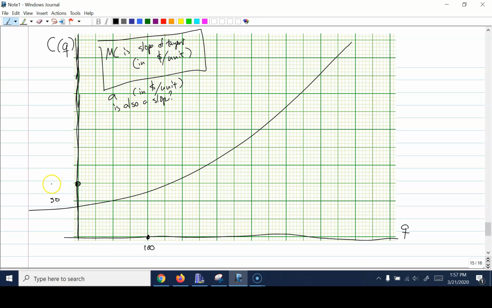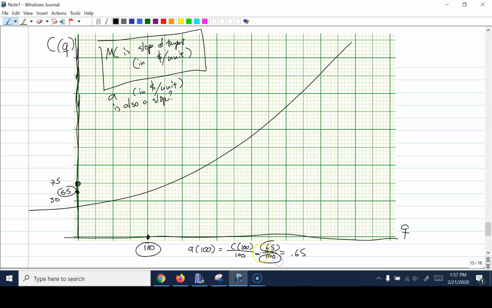Let's make this 75. Halfway between 50 and 75 is like 60 something. I don't know, call that 65. I don't really care too much about the numbers. If I'm looking at what's the average cost at a production level of 100, I'm taking the total cost of 100 and dividing it by 100, right? It cost me $65 to make 100 items, so their average cost was 65 cents a piece.